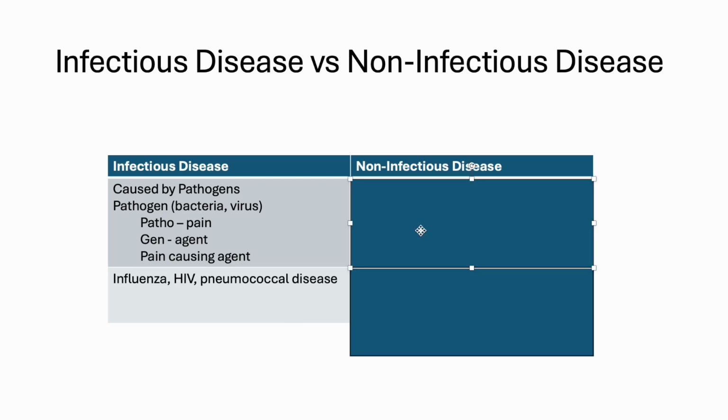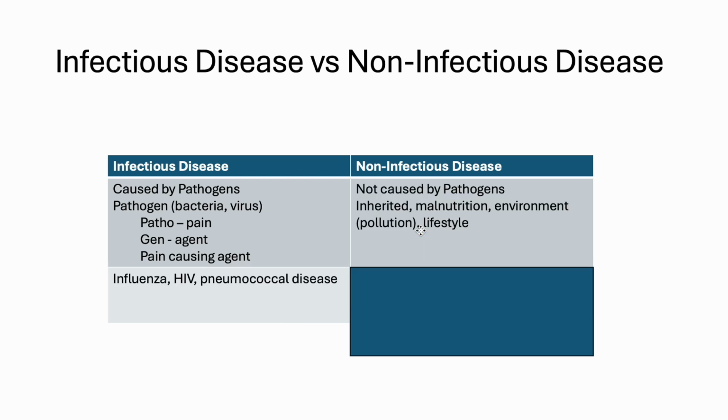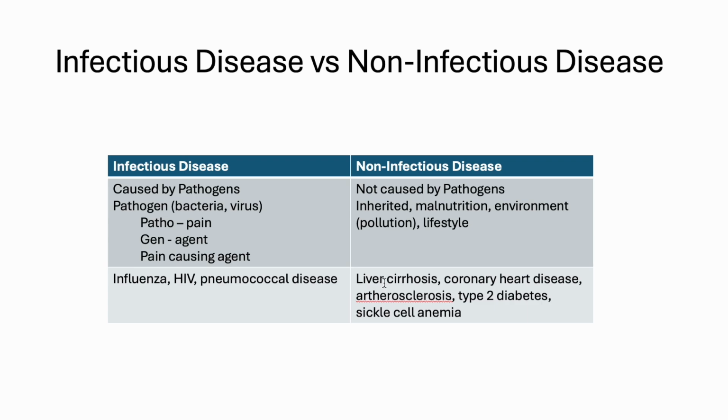Non-infectious diseases are not caused by pathogens. They are either inherited, or caused by the environment or by lifestyle choices. Things include these: liver cirrhosis from alcohol abuse, coronary heart disease from poor diet or smoking, atherosclerosis, type 2 diabetes, a lot from lifestyle choices. Sickle cell anemia is genetic, an inherited trait.